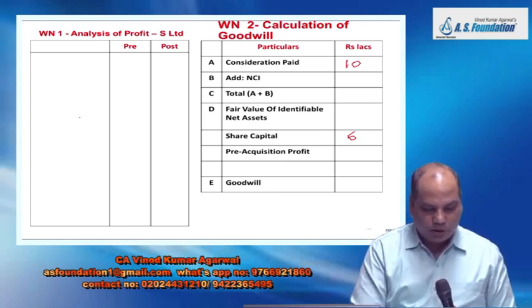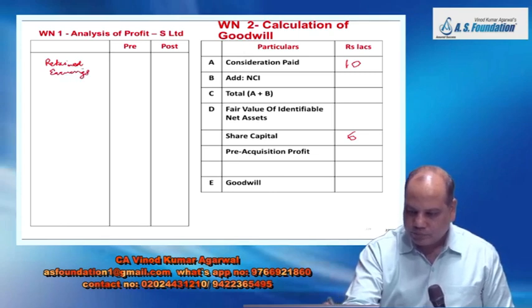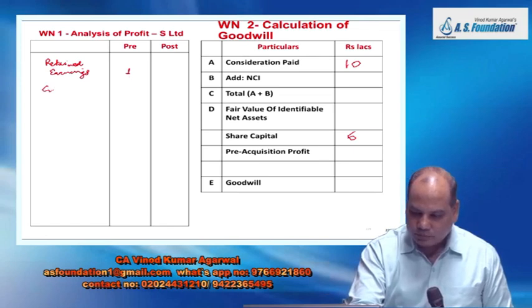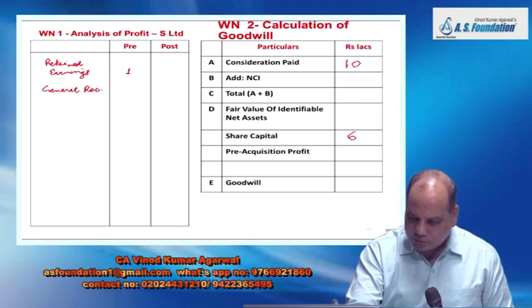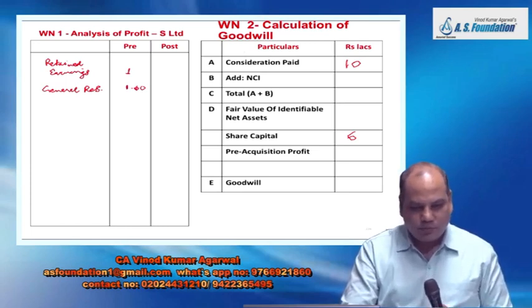So that opening balance of retained earning, which column? Pre column, because it is already in existence, write 1. And then opening balance of general reserve, how much? 1.6. That also in the pre-acquisition.